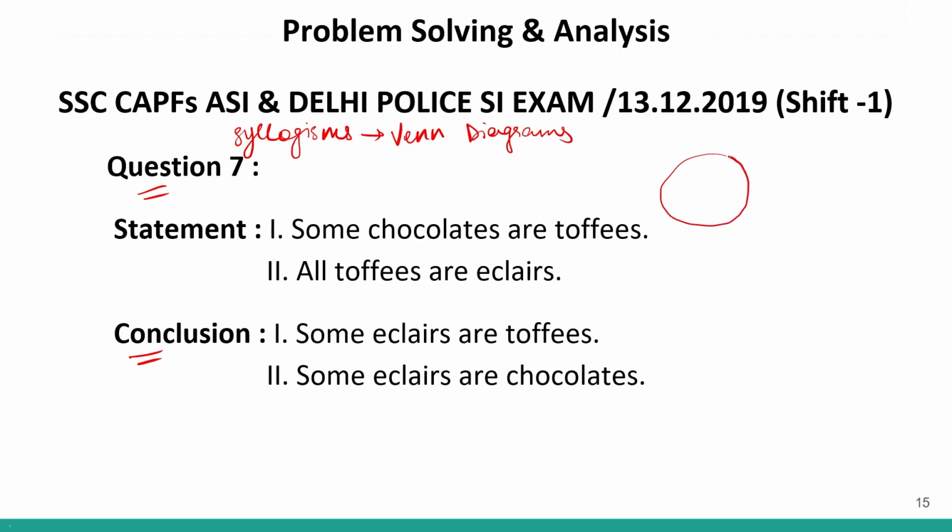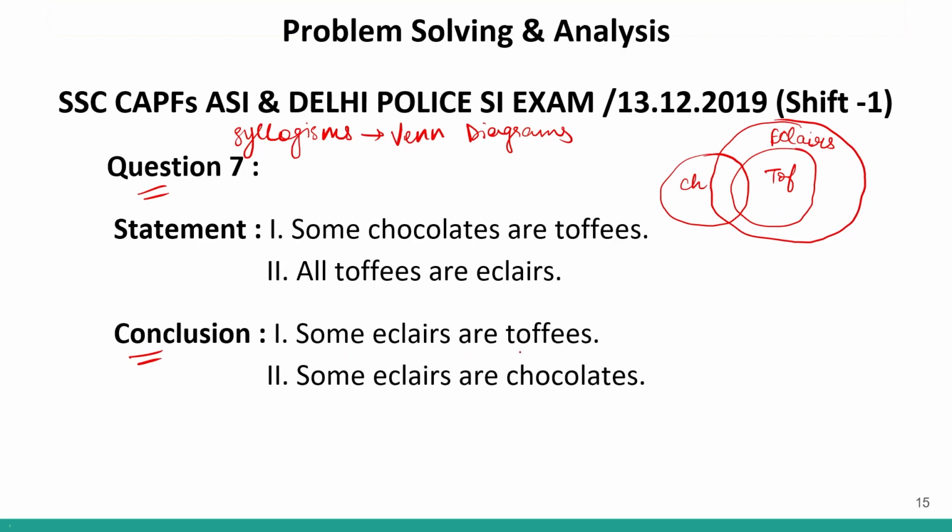So if this is chocolate, some chocolates will be toffee. This area. Correct? All toffees are eclairs. So if this is toffee, all toffees are eclairs. So we will draw eclairs like this, correct? We have already discussed this. So chocolate over here, toffee and eclairs. This will be the final diagram.